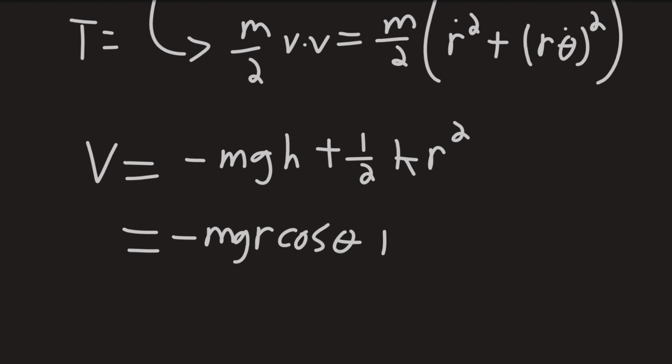So now that we have our potential and kinetic energy, what we can do is just subtract the two and find our Lagrangian.